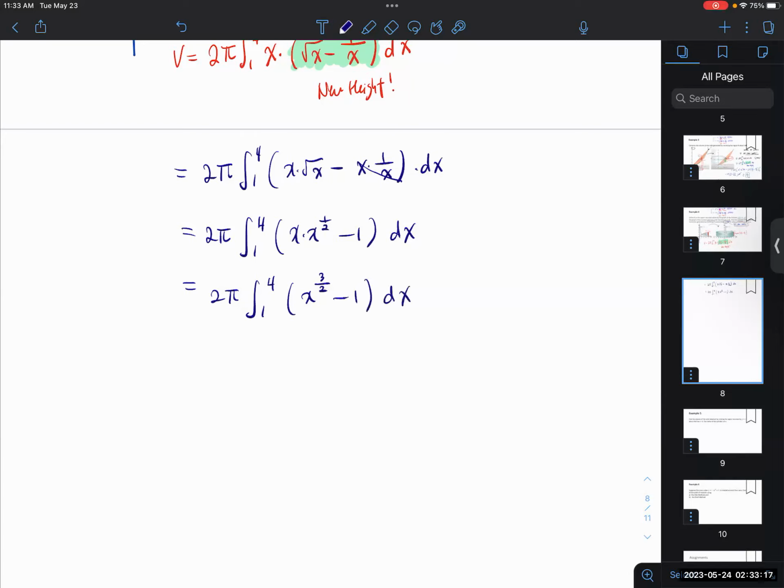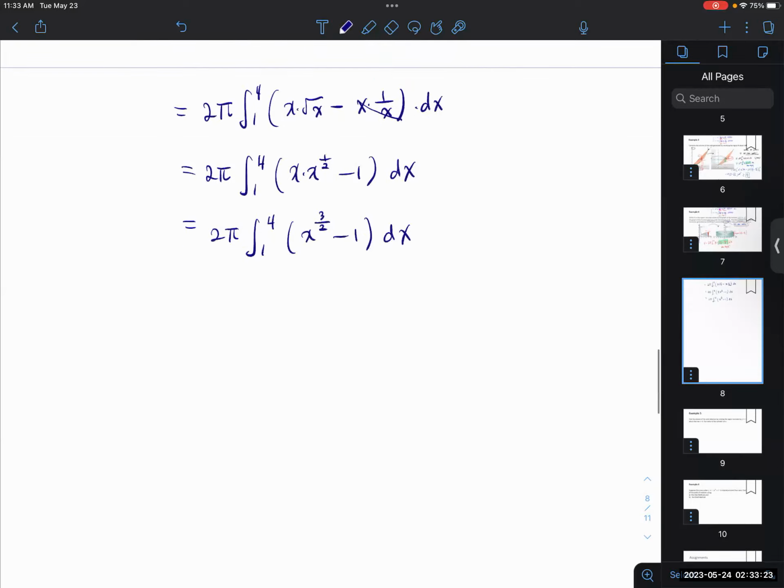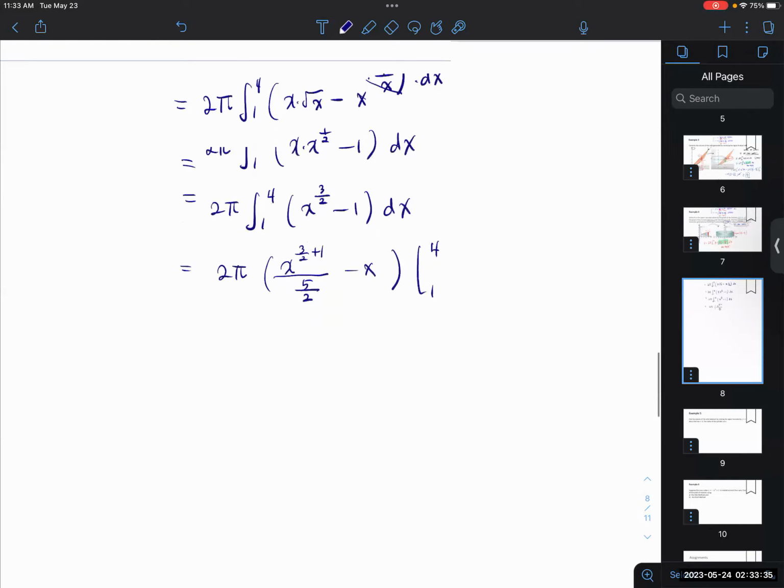And then let's take the integral right there. Let me double check. Yes, we are okay. So 2π, and then you have x to the 3/2 plus 1 divided by 5/2, minus x, from 1 to 4.